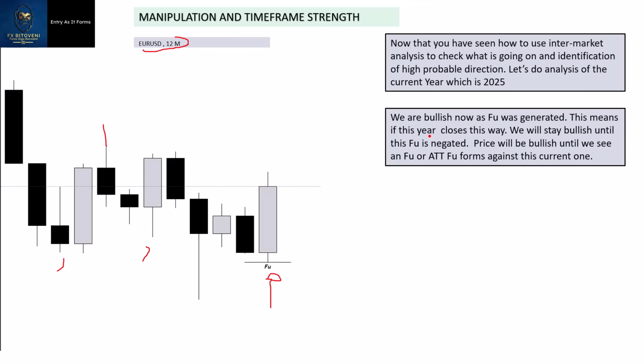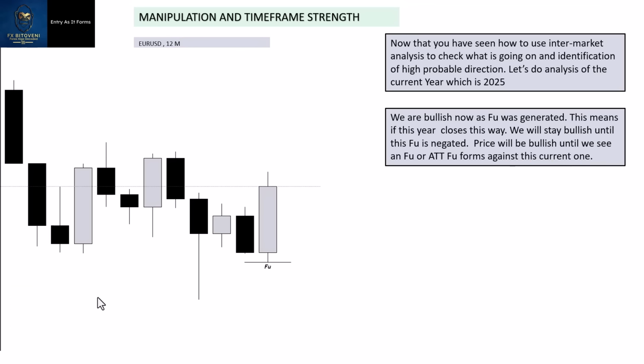This means if this year closes bullish, we will stay bullish until this FU is negated. We repeat the same process. Price will be bullish until we see an FU form against this current one. Wow.